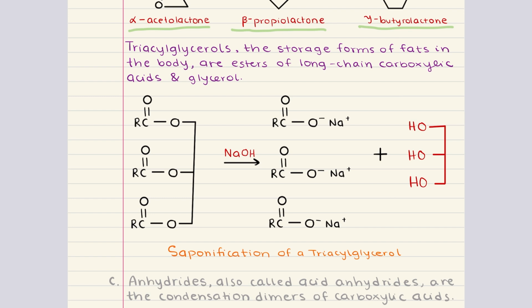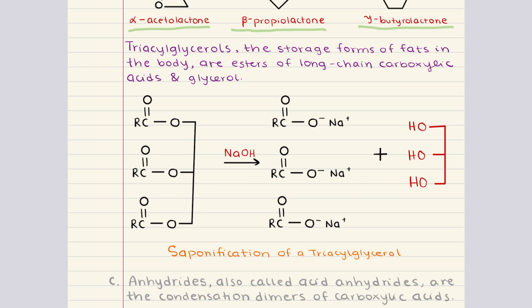Glycerol is a 3-carbon molecule with a hydroxyl group attached to each carbon. Each hydroxyl group of glycerol undergoes a condensation reaction with a fatty acid, and that forms 3 ester bonds and results in the triacyl glycerol structure.